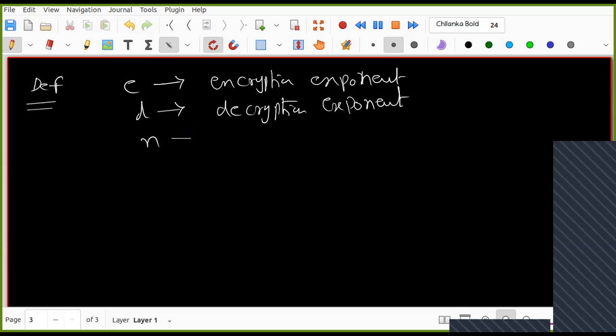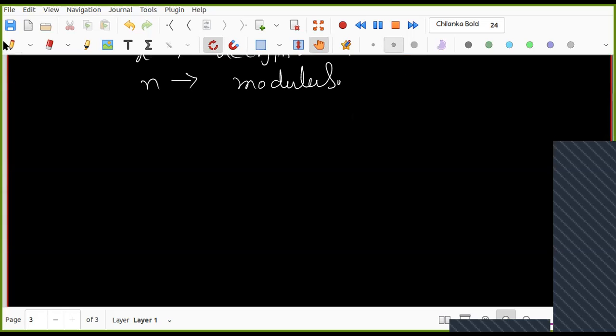And N is called modulus. I have not written it as a definition, but the integers e and d in the RSA crypto system are called encryption exponent and decryption exponent, and N is the modulus, right? These are clear.